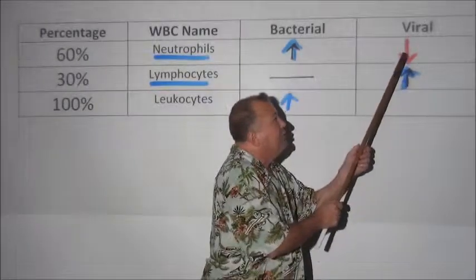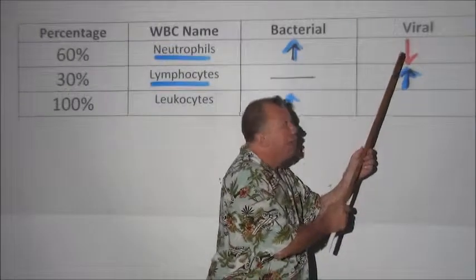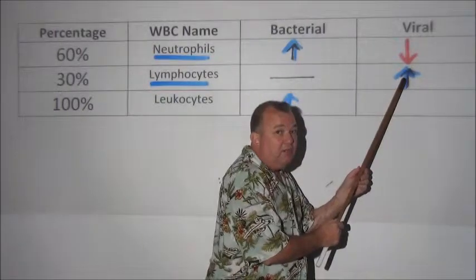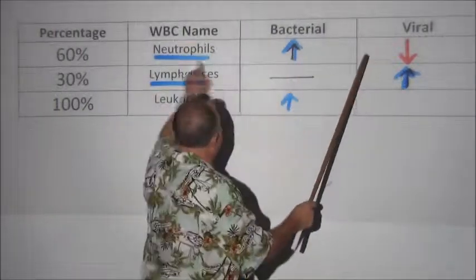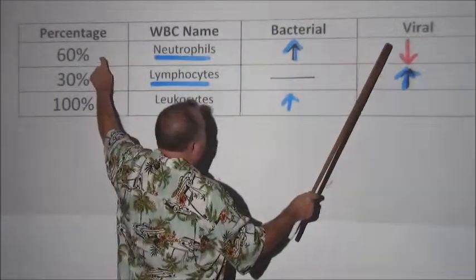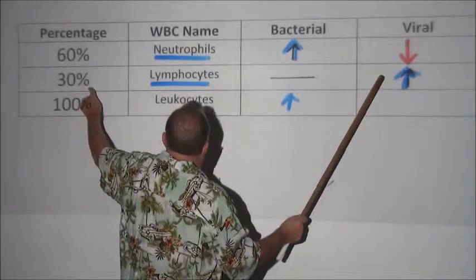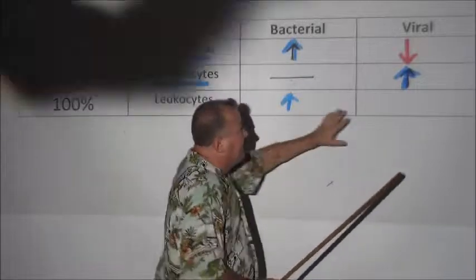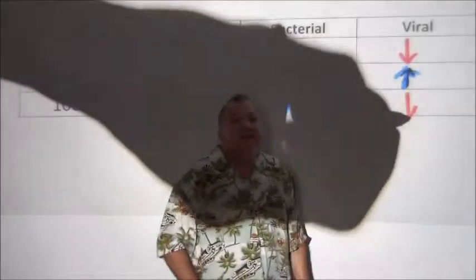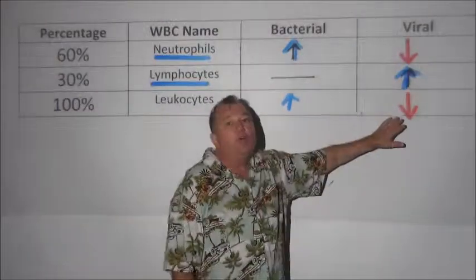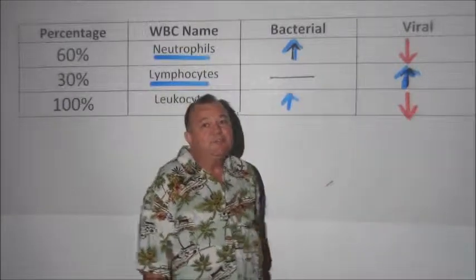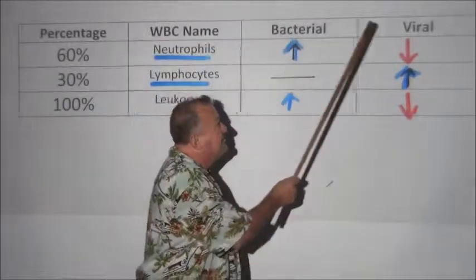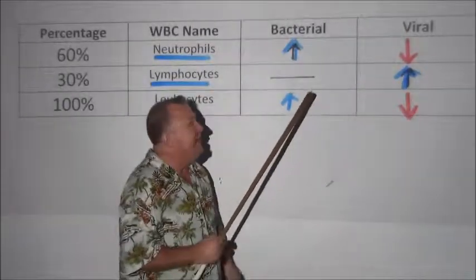So remember then, you have neutropenia when you have lymphocytosis. So if you have 30% going up, while 60% is going down, then your 100% count is going down. So you have leukopenia. So take a look at a bacterial versus a viral infection and just look at the language.